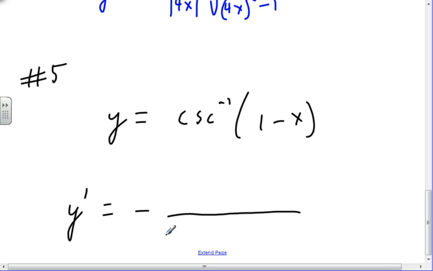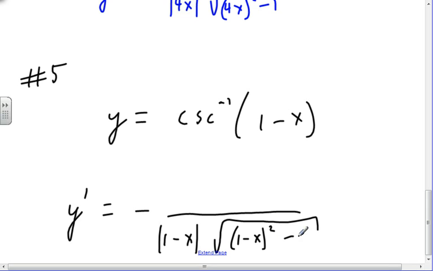I need the absolute value of 1 minus x. I need the square root of 1 minus x squared minus 1. And then on top, I want the derivative of 1 minus x, which would be minus 1, which means those guys become positive.